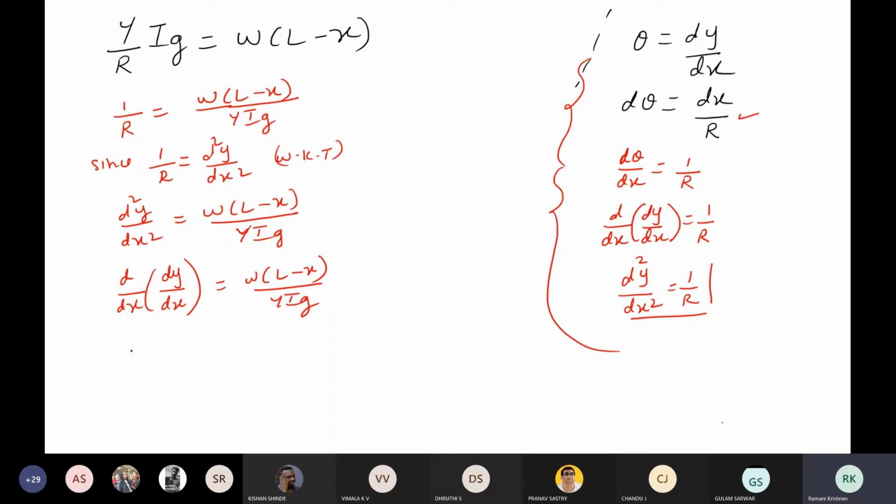Don't get scared with these maths. It is quite simple. It looks scary sometimes, but it is not. It is a very good expression. This is the final expression you're going to use for doing your lab experiment.